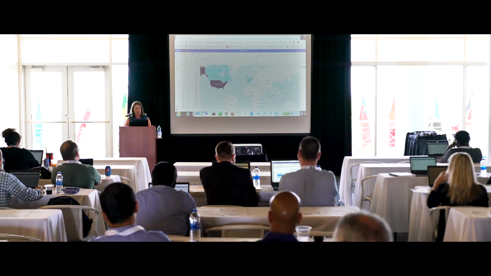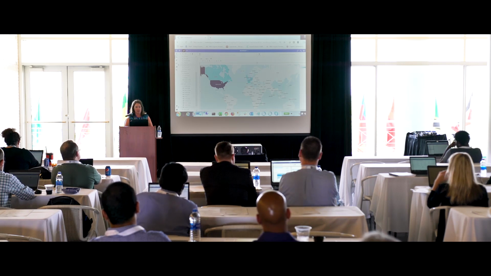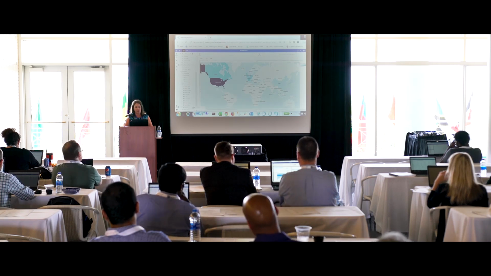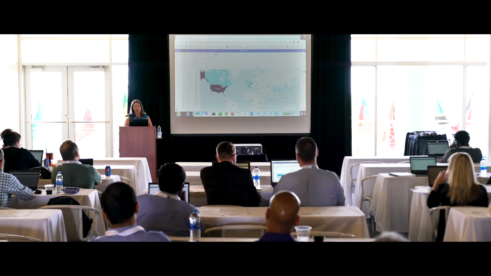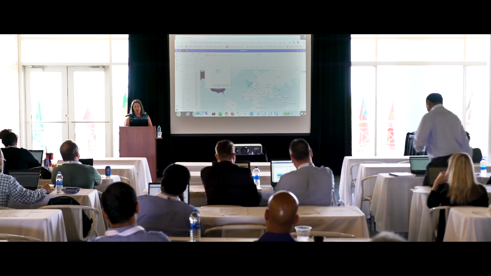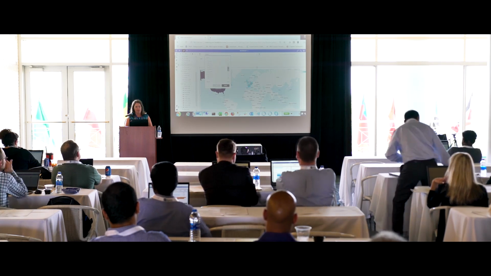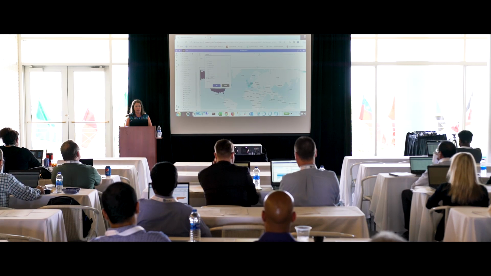Now, what's really nice with the maps is if we start to filter on the maps, so let's say I decided to filter all tabs on, let me get rid of gross profit here. Let's say I decided to filter on, I'm looking for the United States here.